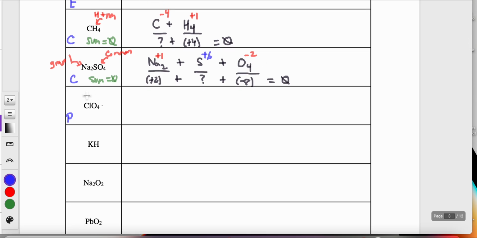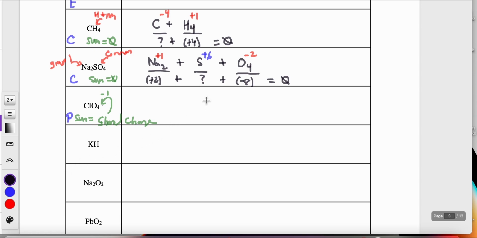Now take a look at this next one. We classified it as an individual polyatomic ion. In this case, for a polyatomic ion, the sum is not going to equal 0, but when we add up the oxidation numbers, it is going to equal the shared charge, which we understand to be a -1.